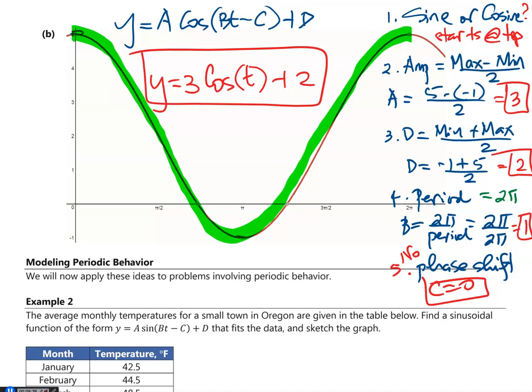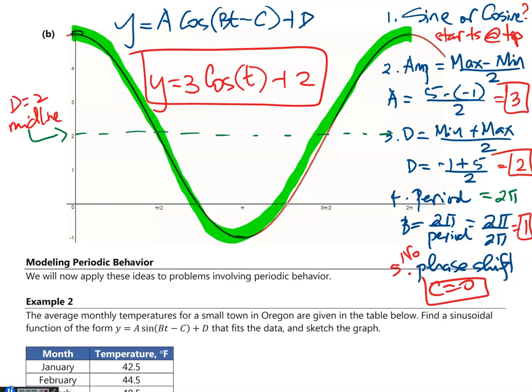And also d is our midline, and take note of that. And this is the midline.